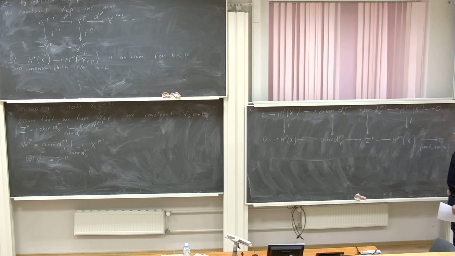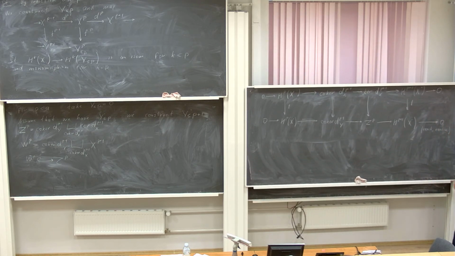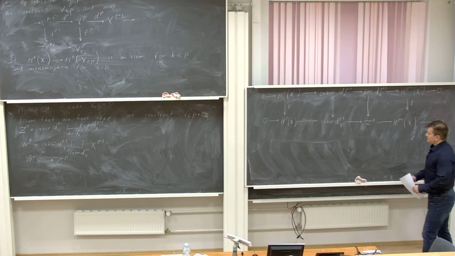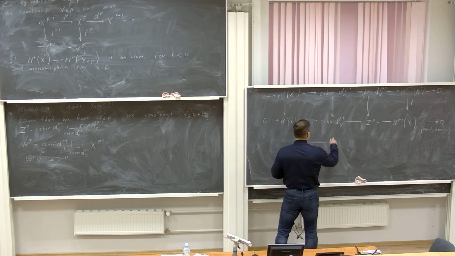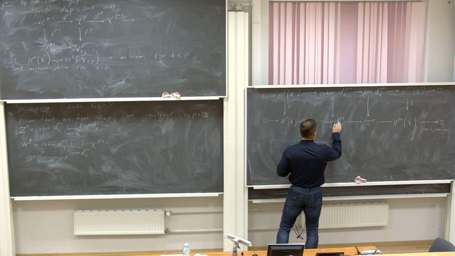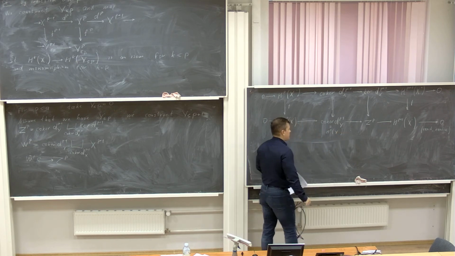So maybe I will include this exercise in abstract form, not for this particular application, but in general in the second assignment. But that's an exercise in abelian categories, essentially, not in triangulated categories or derived categories. And of course, we can also notice that this cokernel is exactly the cohomology of the complex Y at the position p.